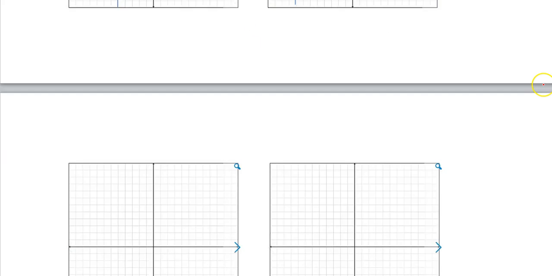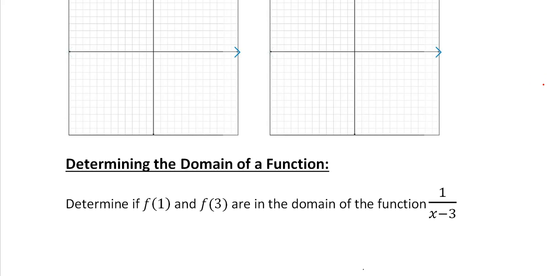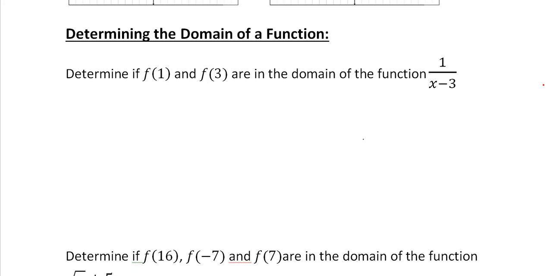Okay, I'm going to go ahead and leave those blank. I'm not going to worry about that. Here I want to talk about whether or not we have access to every single point, and it's possible that we won't. Here we have a function, and if I plug in f at 1, I'm going to have 1 over 1 minus 3.